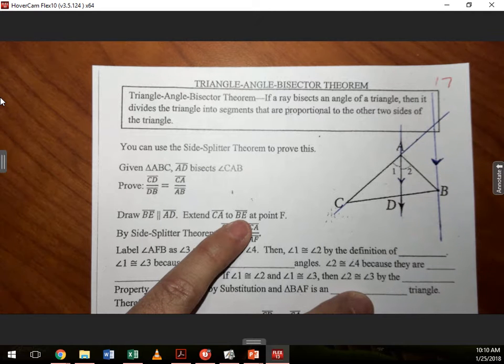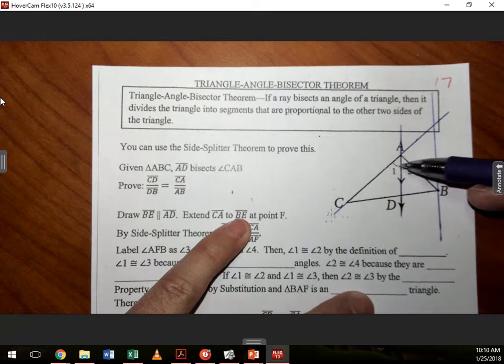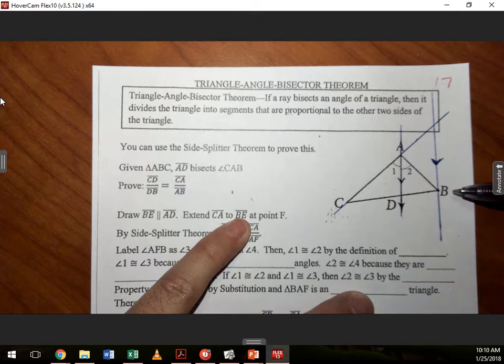And because I've done that, I've also done a couple things. Now, this is going to be a transversal in between these two parallel lines. Okay, I have a transversal in between these two parallel lines.